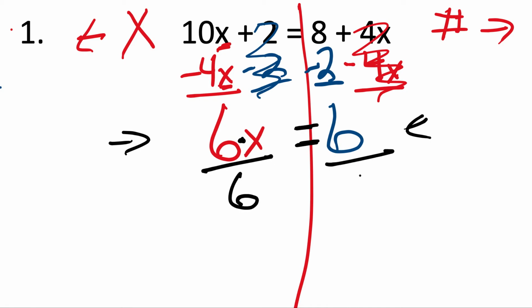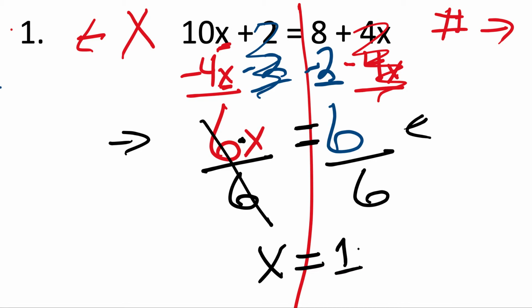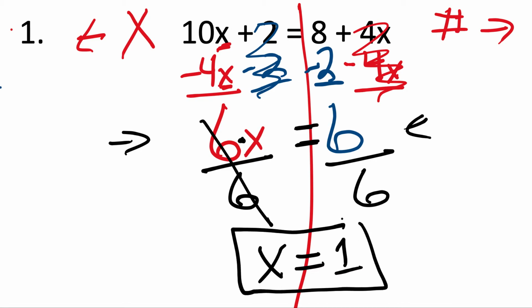If I divide by 6 here, I divide by 6 there, so those will cancel, and x equals 6 divided by 6, which is 1. So the solving equations part stays exactly the same. The only difference is that very beginning step where we combine like terms, make things smaller, simplify, and then solve.